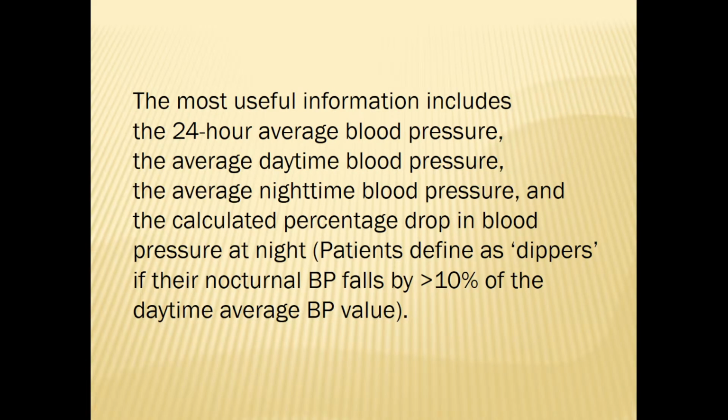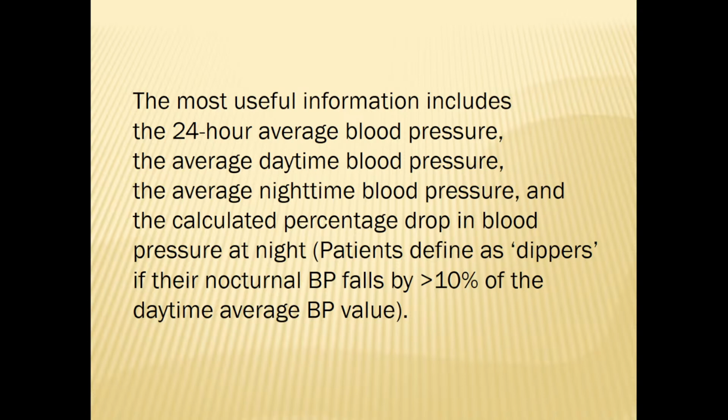The most useful information includes the 24-hour average blood pressure, the average daytime blood pressure, the average nighttime blood pressure, and the calculated percentage drop in blood pressure at night. Patients are defined as dippers if their nocturnal BP falls by 10 to 20% of the daytime average BP value.